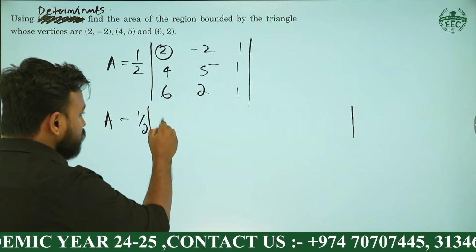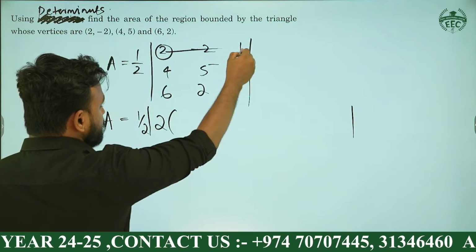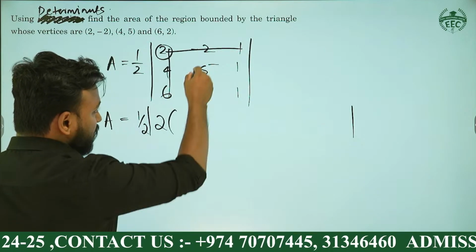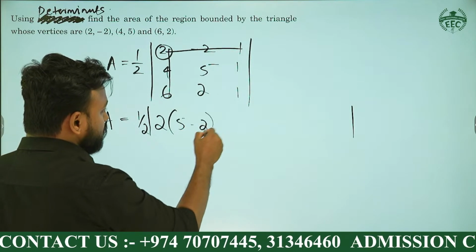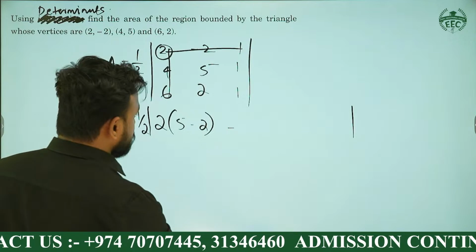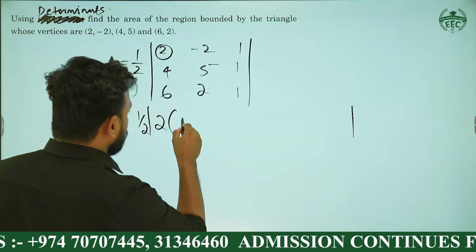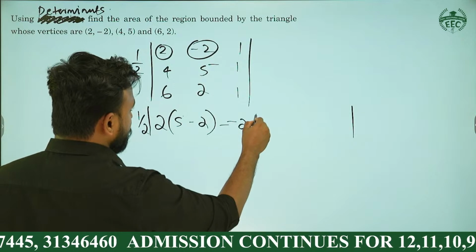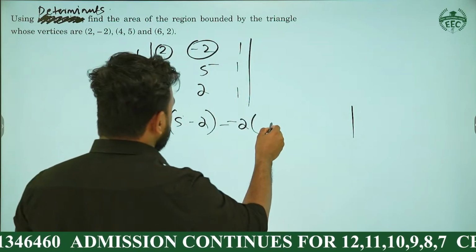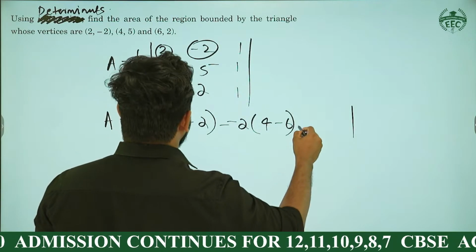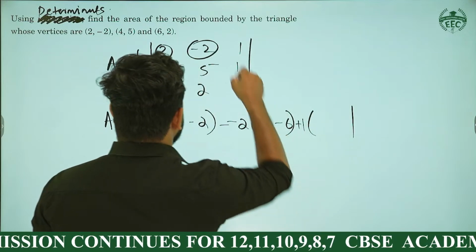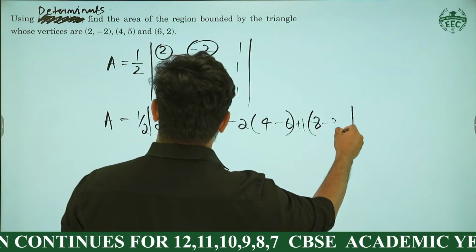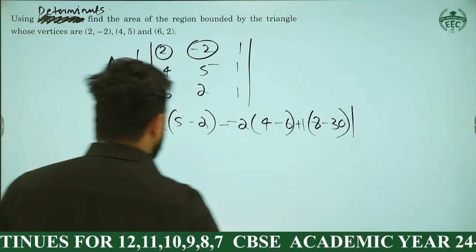So if you take 2, what will you get? The row and column will be eliminated. Then what will you get? 5 minus 2, and minus the second term, which is minus 2, with its row and column eliminated, 4 minus 6, and plus 1 times 8 minus 30.